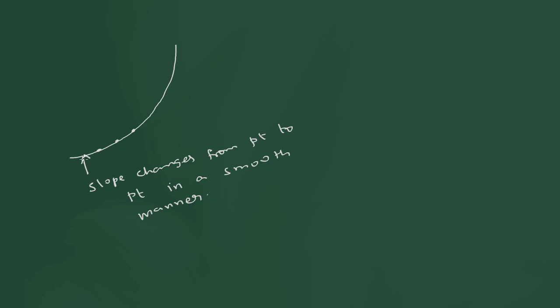So that is the slope at this particular arrow. Slope at point 1 is different from the slope at point 2, which is again different from the slope at point 3, which is again different from the slope at point 4, and so on. That is what we mean by from point to point. As you change the point on the curve, the value of the slope changes smoothly.